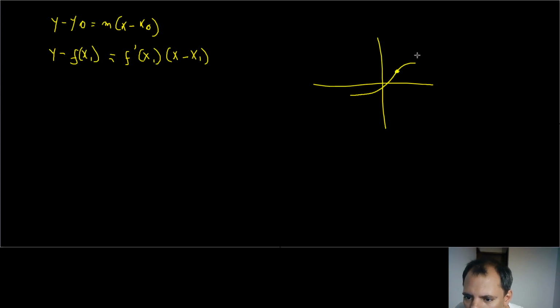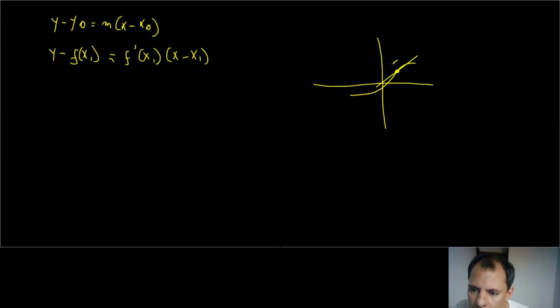Let me put it a little bit more like that. Okay. So you have a tangent at this point, and it crosses the x-axis right here. Let's just say that it crosses at the origin. Now, what you want is the distance from the origin, from this new x.